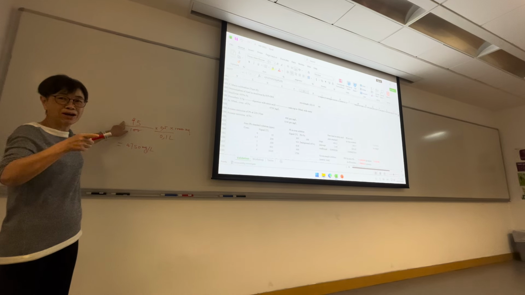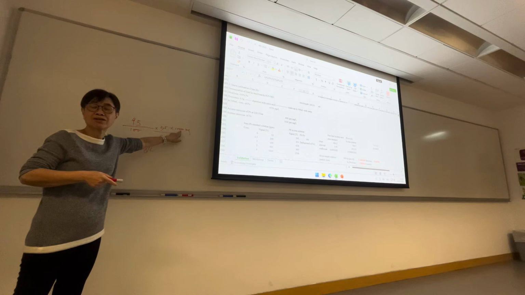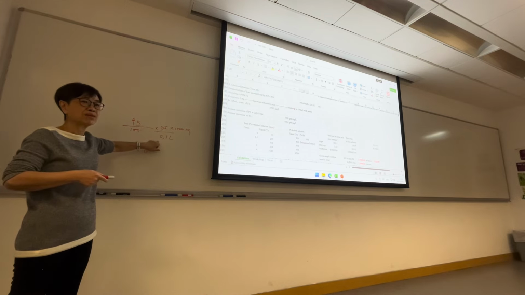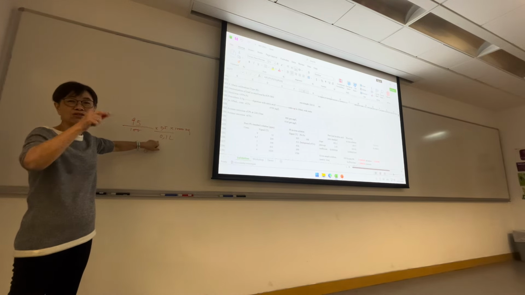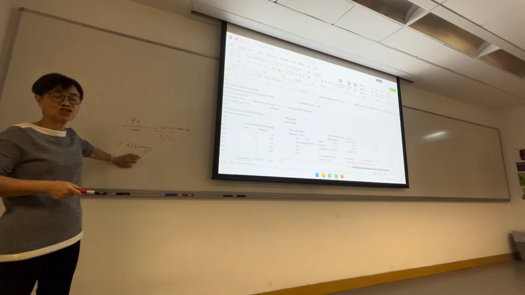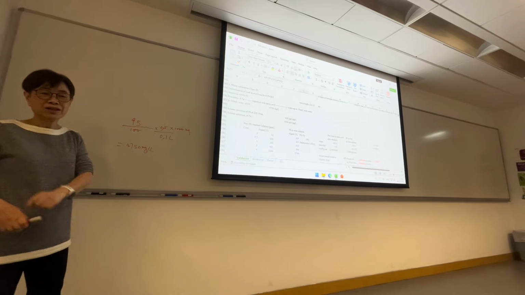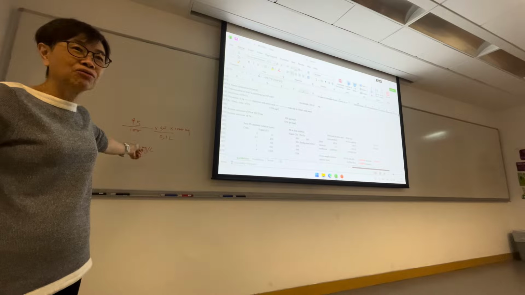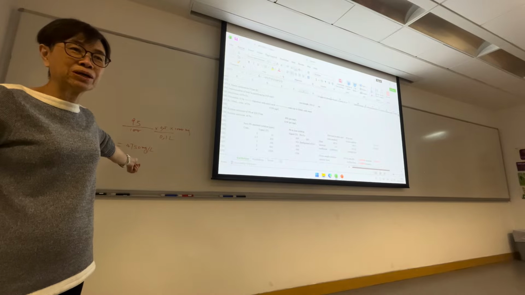That is in gram, and we turn to mg, multiplied by 1000. And then the volume is 100 ml, that corresponds to 0.1 liter. The concentration will be 4750 mg per liter. So this is very high. The concentration is very high for ICP.